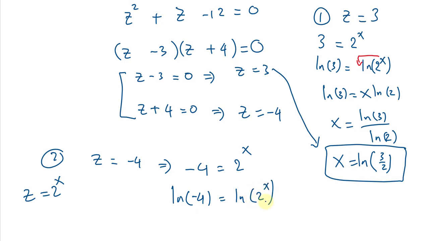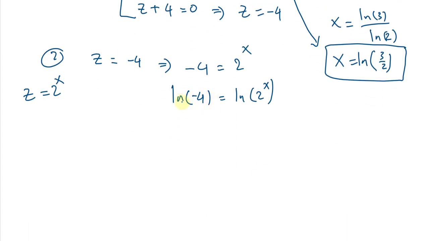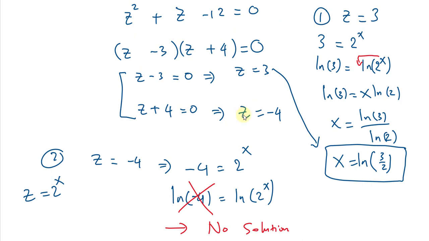But remember, for the ln, the log base e of a function of x, the argument inside the ln cannot be negative. We get minus 4 here, which doesn't make sense. So this case has no solution, or the value of z being minus 4 cannot give you any value for x, and therefore the only solution is x equals ln 3 over ln 2.